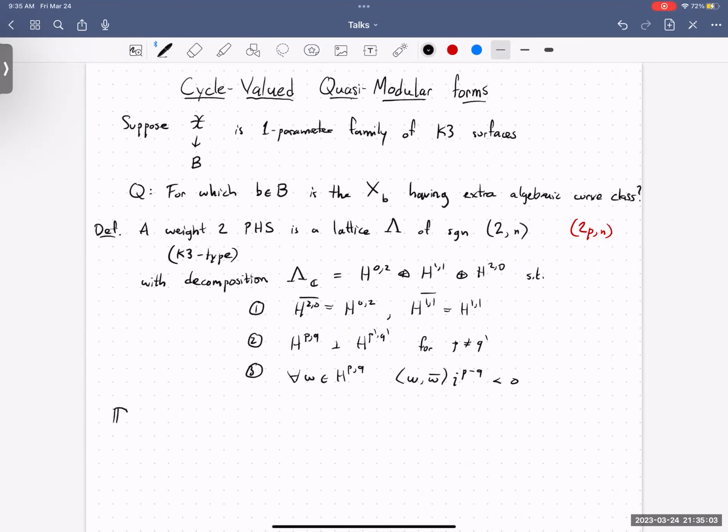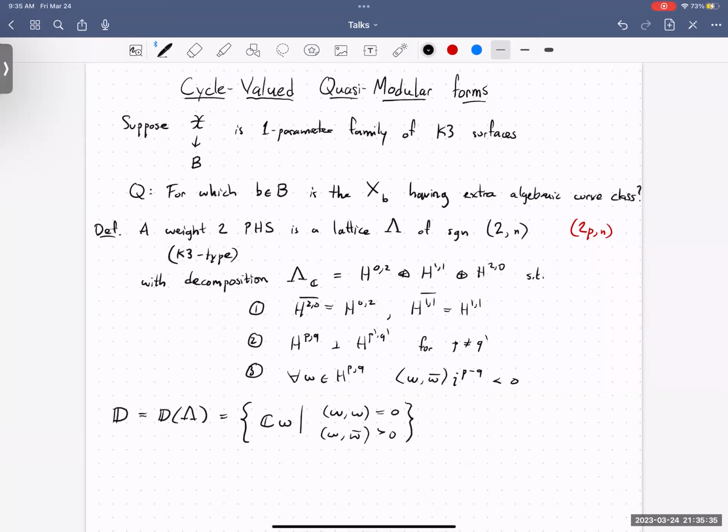So I'm going to define D, which depends on my initial underlying lattice, to be the set of all these possible Hodge decompositions. Because we're in K3 type, the whole Hodge decomposition is just determined by the line H^{2,0}, so C omega, where omega is isotropic, and omega paired with omega bar is positive.